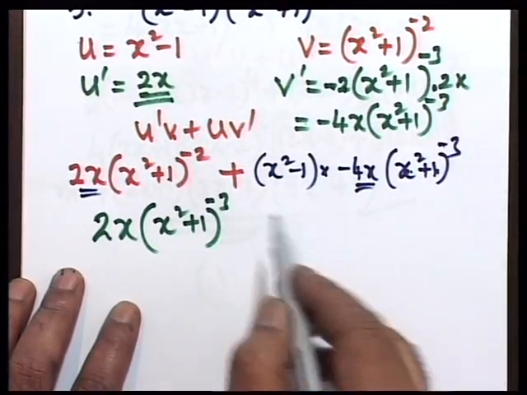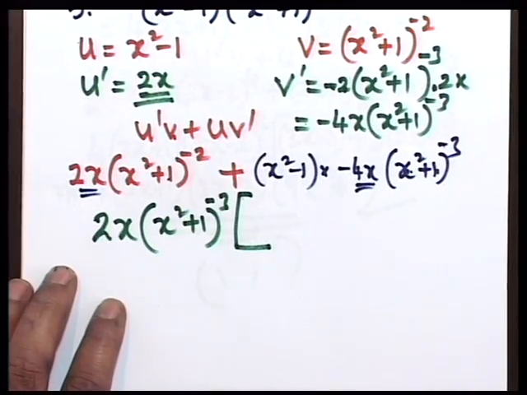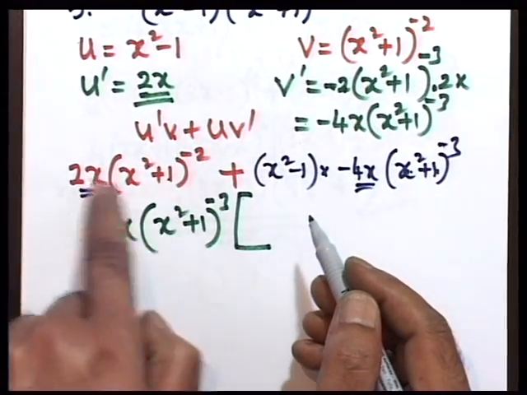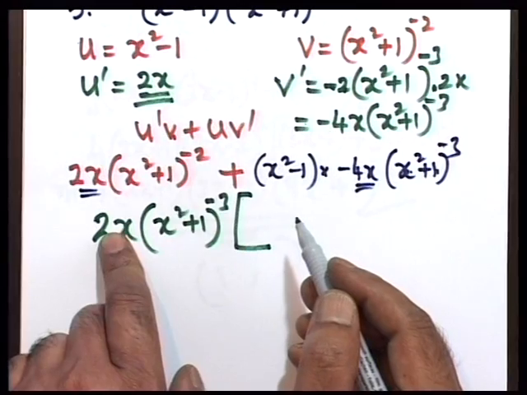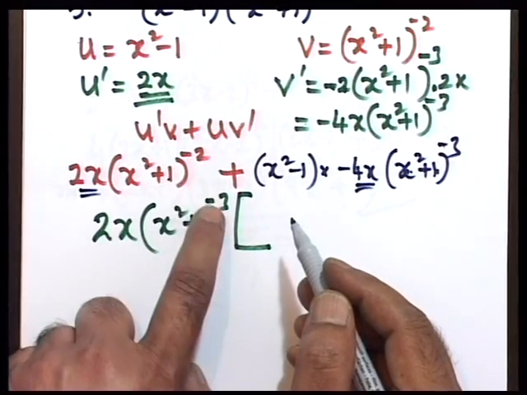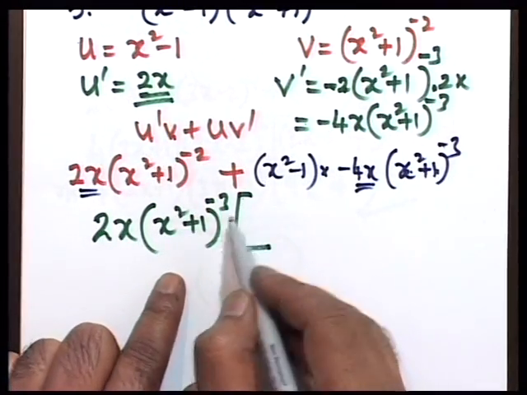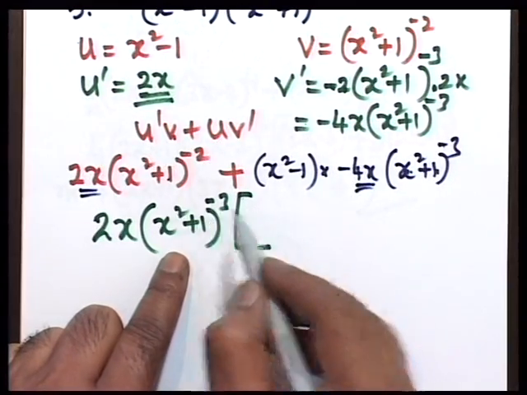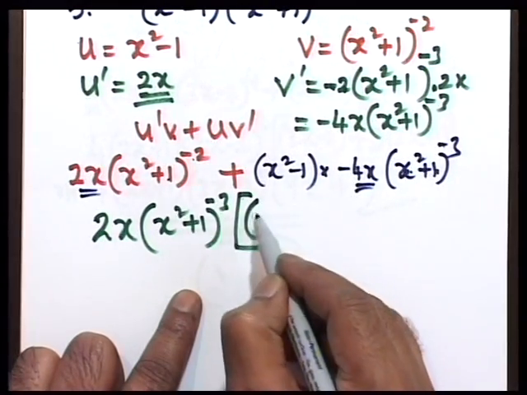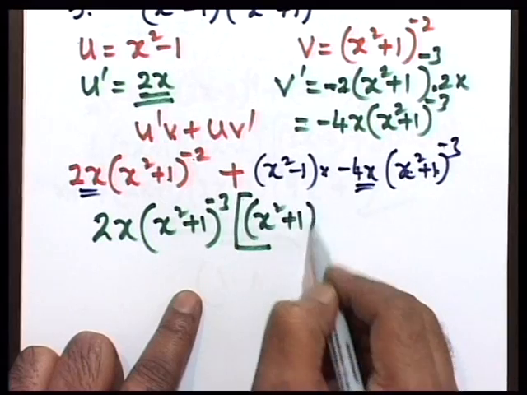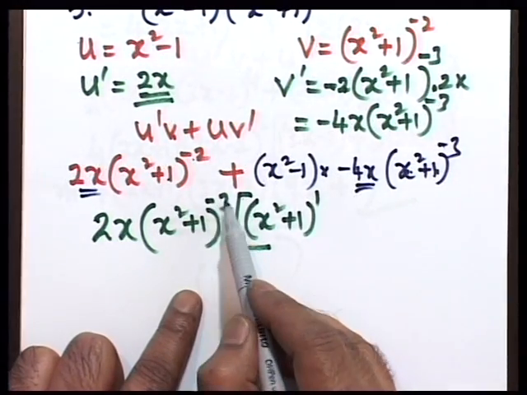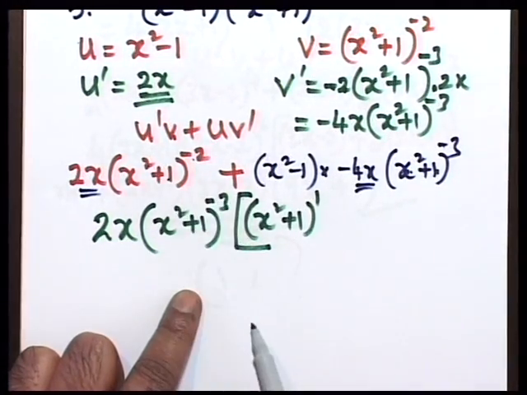See what happens now. Start a big bracket. From this part, 2x is gone. (x squared plus 1) to the minus 2, that's a minus 3. Now what do you multiply this by to get minus 2 back? That's (x squared plus 1) to the power 1. See, minus 3 add 1 will give you minus 2.